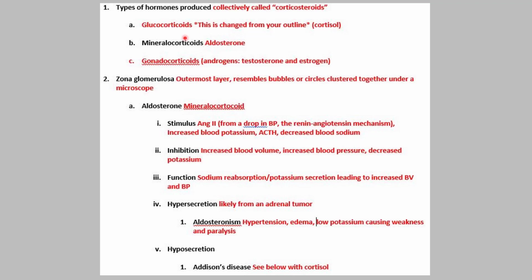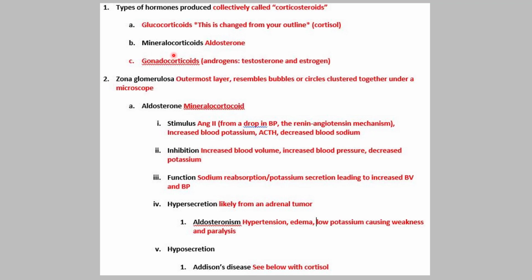And there are three different types of hormones we'll be talking about. There are glucocorticoids, and this is primarily the hormone cortisol. There's something called mineralocorticoids, and that's primarily the hormone aldosterone.